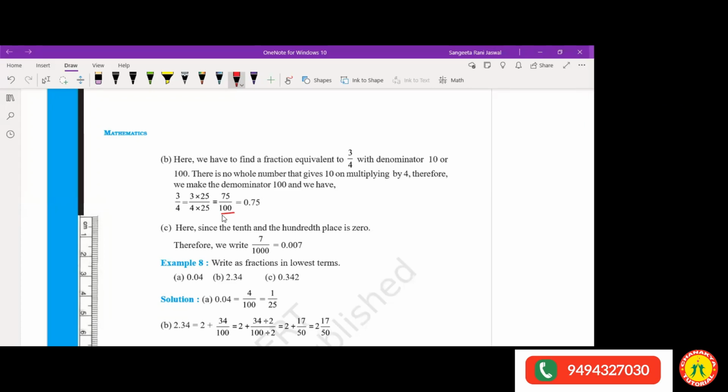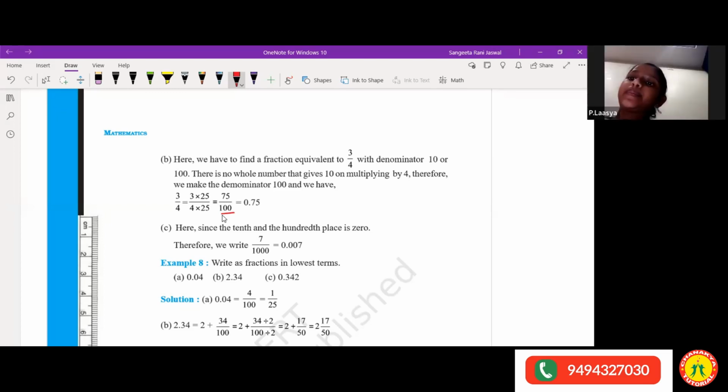Ma'am, not only 100, we can use any number. That's a different thing. For now, let it be 100 only. There are other methods also, by dividing. But for now, we are trying to make a round figure like 10, 100, 1000, by which it is easy to put a decimal point.